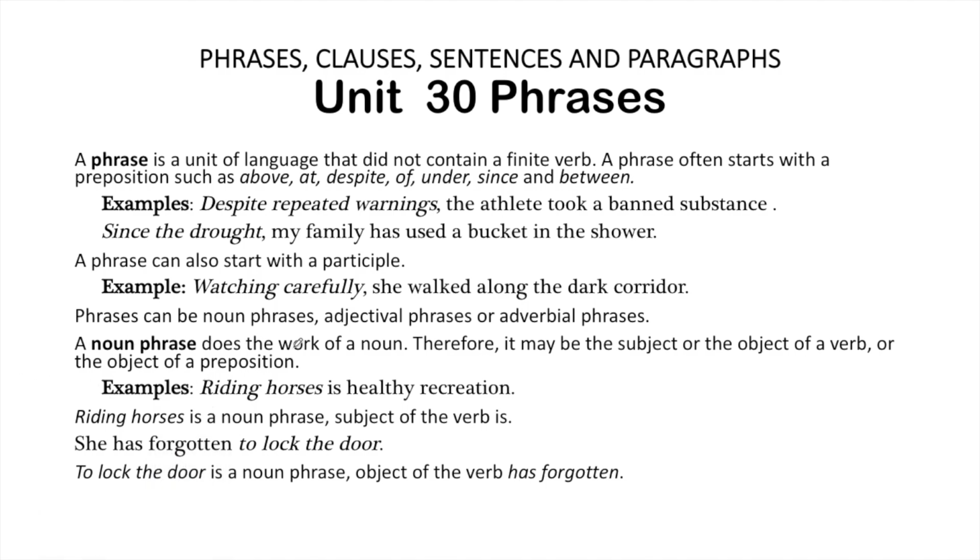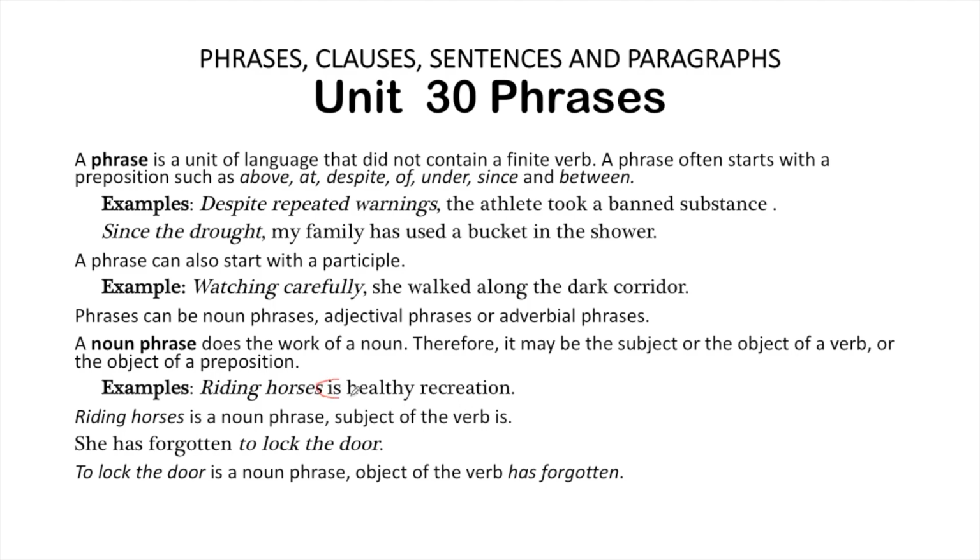A noun phrase does the work of a noun. That's hence its name. Therefore, it may be the subject or the object of a verb, or the object of a preposition. Here's some examples. Riding horses is healthy recreation. So riding horses would be the noun phrase, and it's the subject of the verb is.